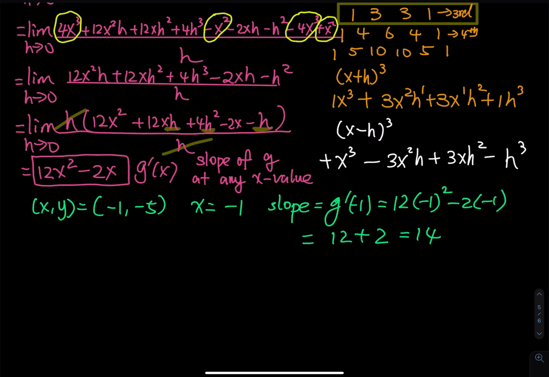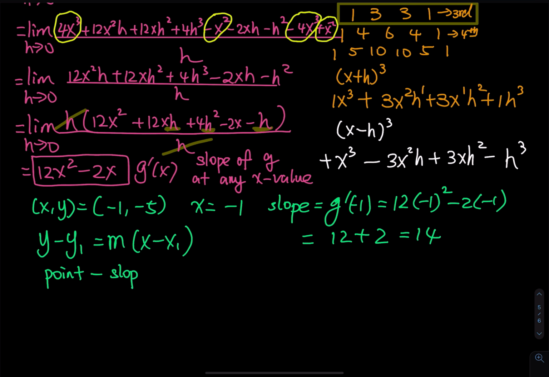So we have a slope, and then we need to build a line. So we have a slope, we have a point. We have to use point slope form, that is y minus y1 equals slope times x minus x1. This is called point slope form. So y minus negative 5 equals the slope times x minus x1.